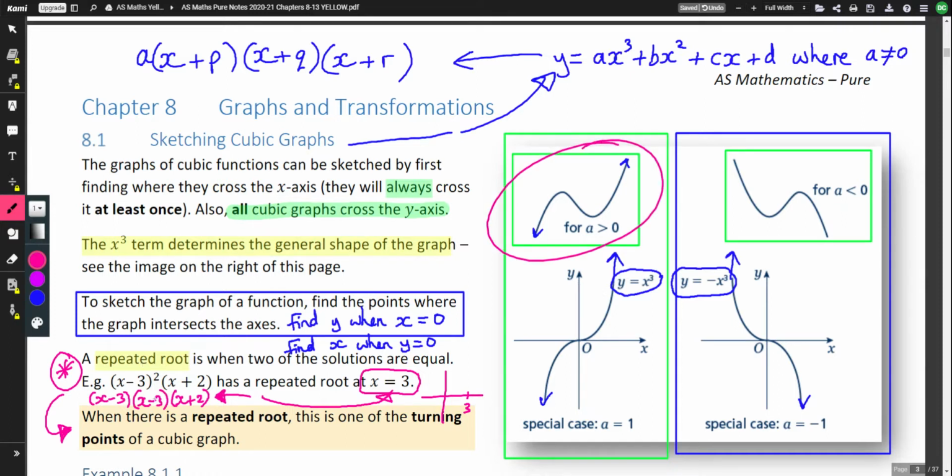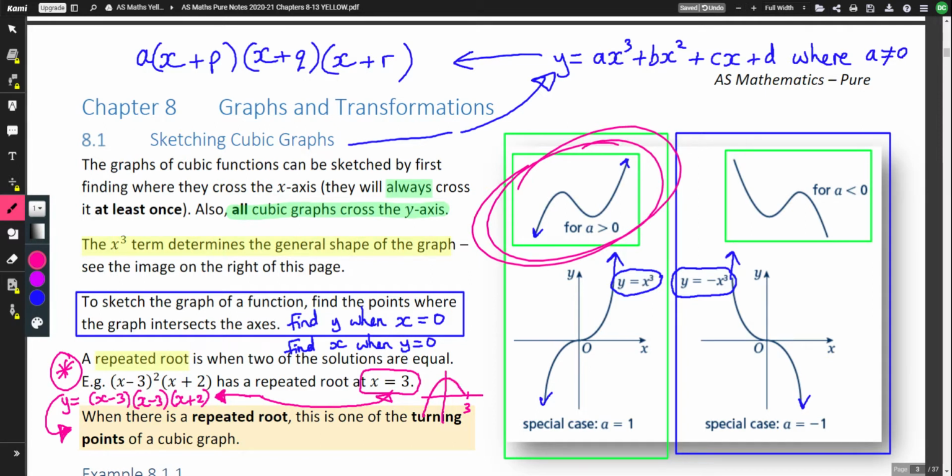And by looking at the brackets, I can see when y is 0, x is going to be 3 or minus 2. We already knew we had a repeated root when x is 3. So it's this shape going through the x-axis at minus 2 and 3 and 3.